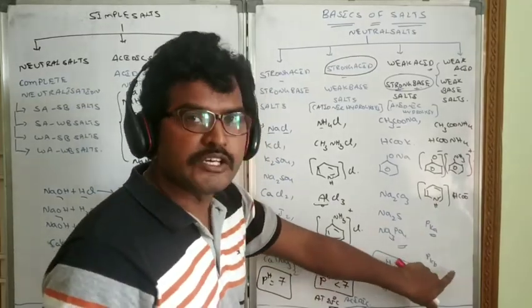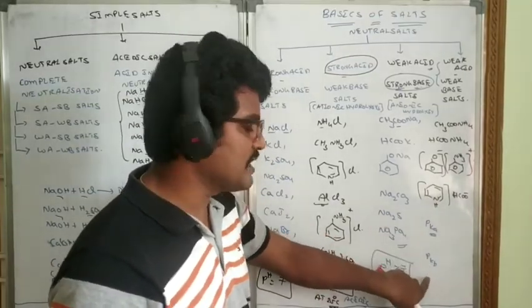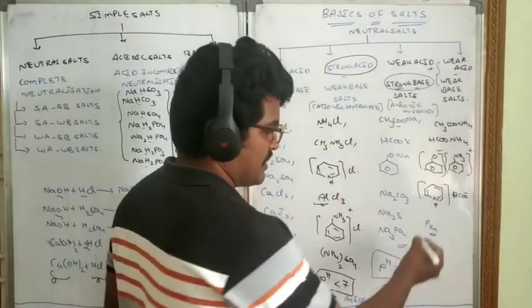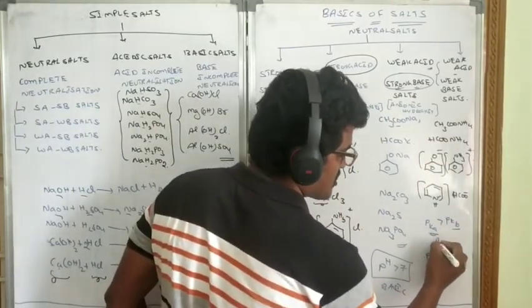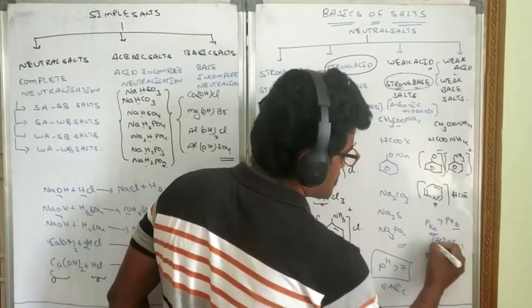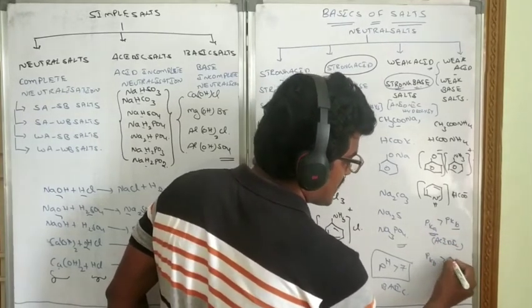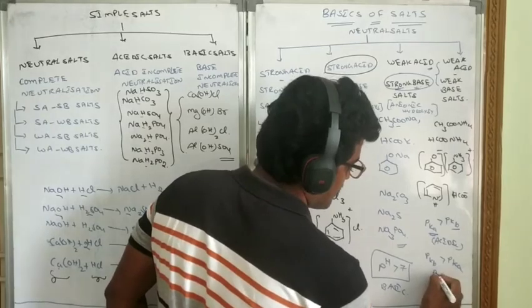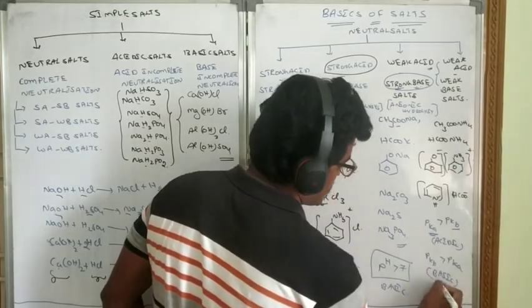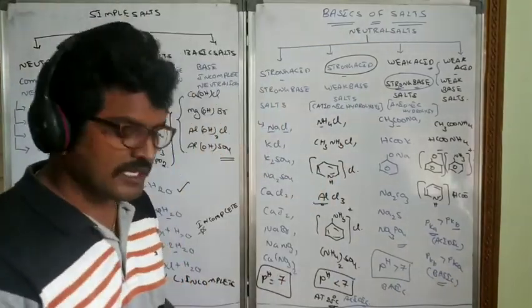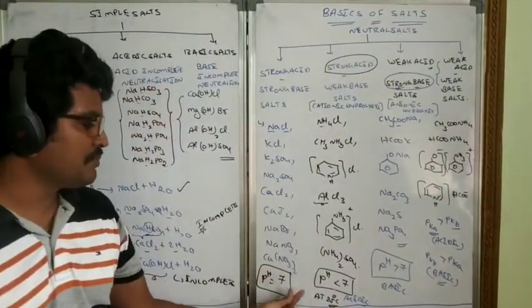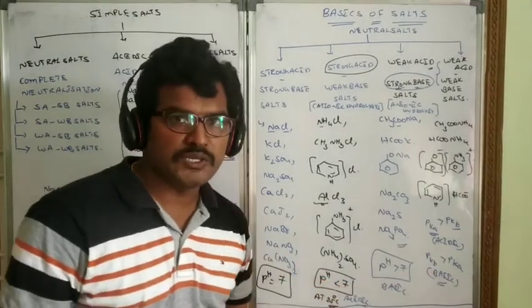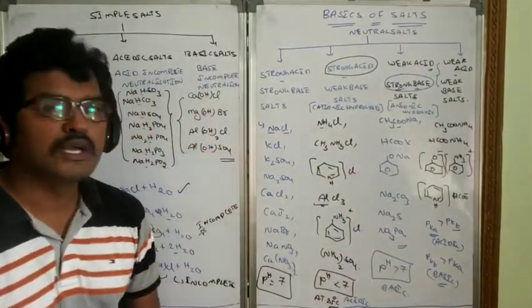For bases, strong base means less pKb will come. Weak base means more pKb. If pKa is greater than pKb, then the solution will be acidic. If pKb is greater than pKa, then it will be basic. Like this, we can study the different kinds of salts and what will be the pH of the resulting solutions when they are dissolved in water.